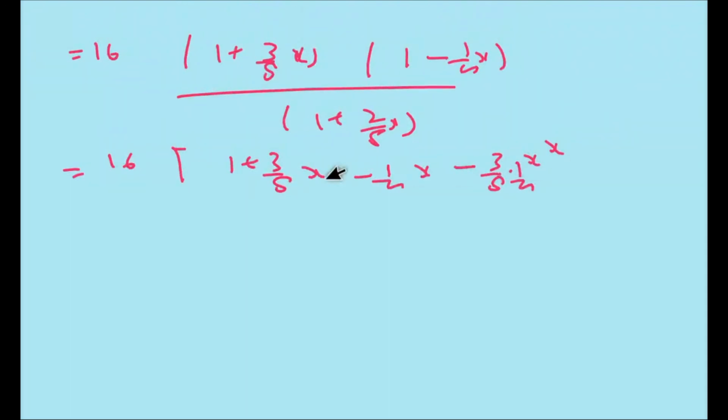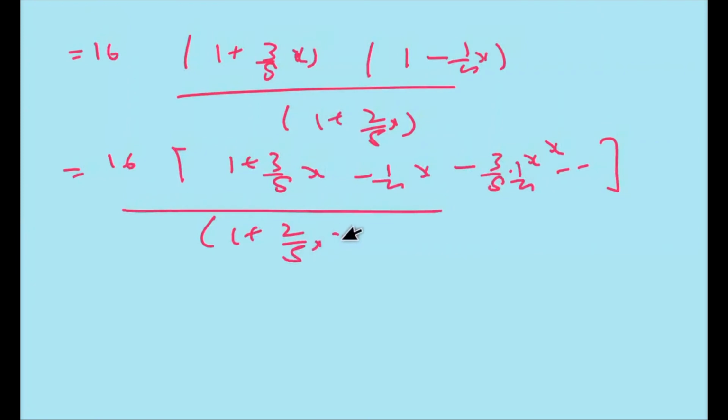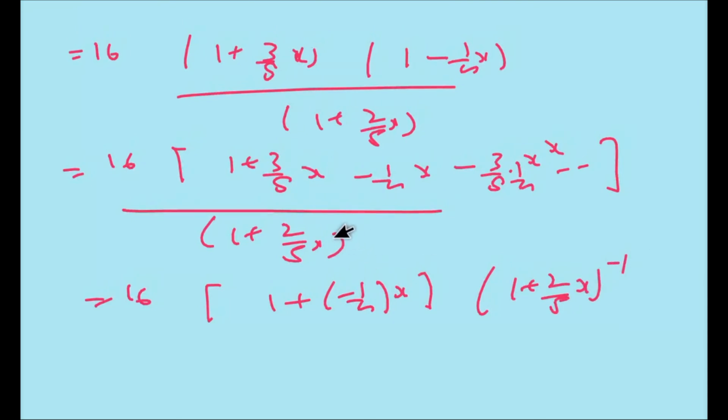Now we leave it and we solve only the first-order terms. So we get 16, 1 plus, now solving this taking the LCM 8, 3 minus 2, minus 1 by 4x. Now taking this above, we can write 1 plus 2 by 5x to the power minus 1.